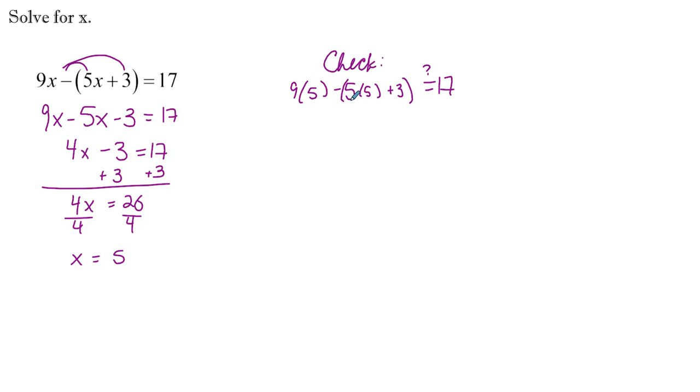Parentheses first. 5 times 5 is 25 plus 3 gives us 28. 9 times 5 is 45. What does 45 minus 28 give us? That in fact gives us 17, which means that we have done this correctly, and our answer, x equals 5, is in fact correct.